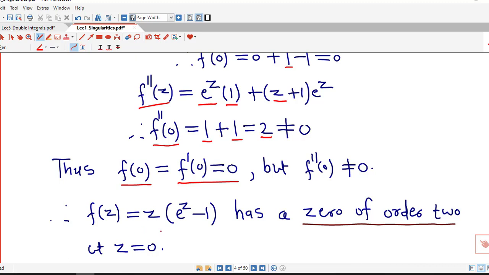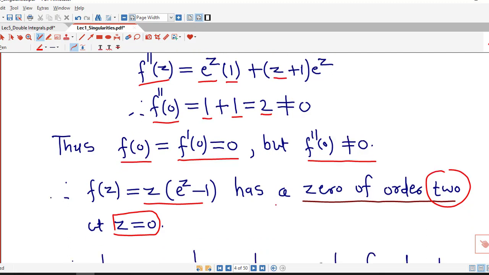So therefore this function has a zero of second order at z equal to 0 by the definition of zero of nth order, because the second derivative is non-zero and the first derivative and the zeroth derivative, that is the value of the function at z equal to 0, are 0. This function has a zero of order 2 at z equal to 0.